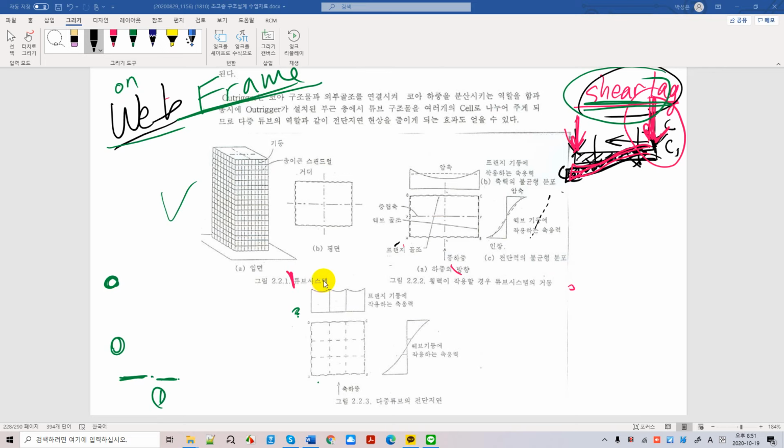So again, when you design a tubular structure like this, you need to take care of removing the shear lag phenomenon. If you see over here and over here, shear lag phenomenon. How do you remove the shear lag phenomenon? By providing enough shear stiffness for beams and girders.